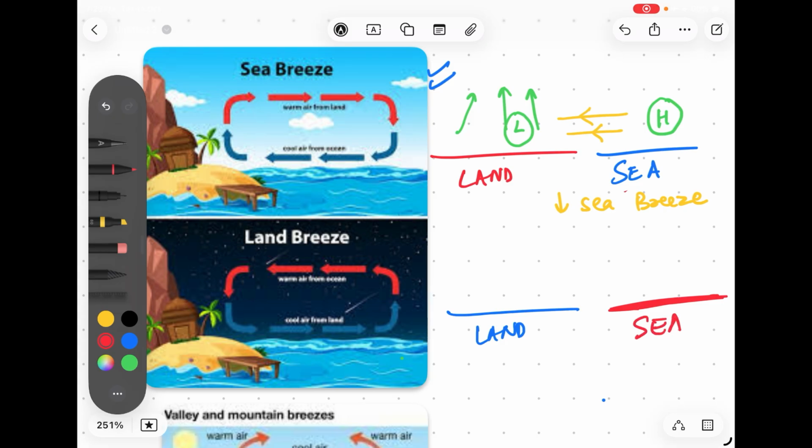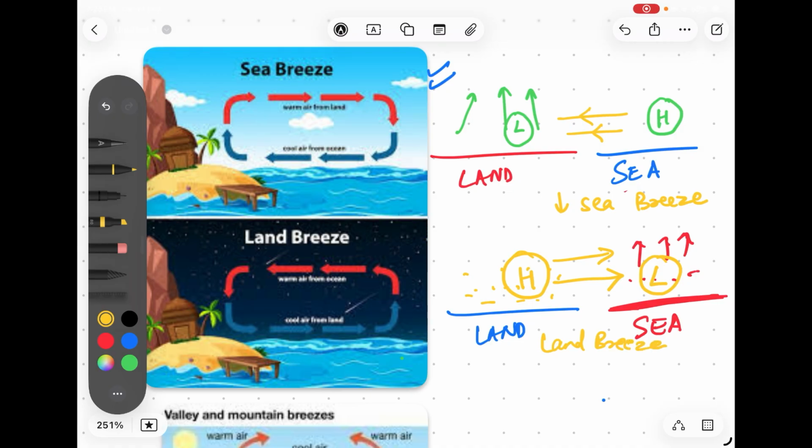Because the sea is comparatively hotter, the air above it will start to rise, so a low pressure is created here, and since the land is colder, the air here is settled, so there is a high pressure here. Now the winds blow from high to low pressure, that is from land to sea. Earlier it was blowing from sea to land, now it will blow from land to sea. So this is known as land breeze.